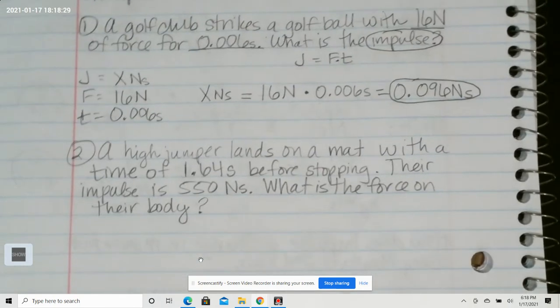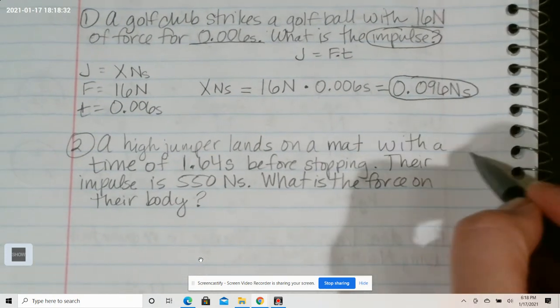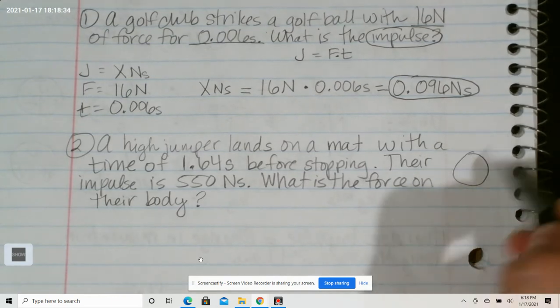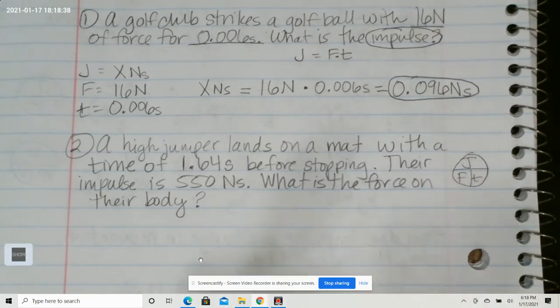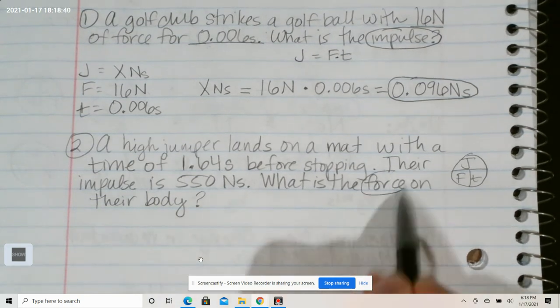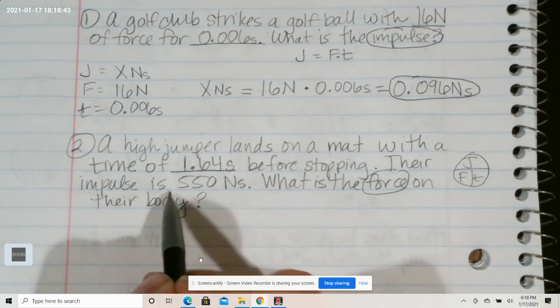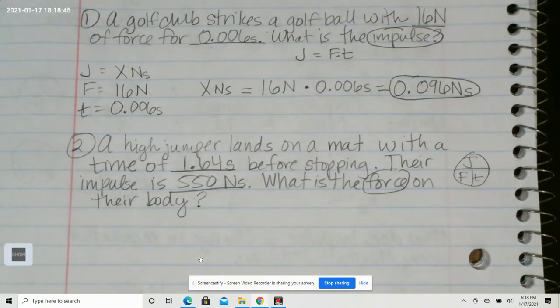So we need the equation. I'm just going to throw the circle over here so we can look at it. J on top, force and time on bottom. We are now looking for force. We have the time and we have the impulse.